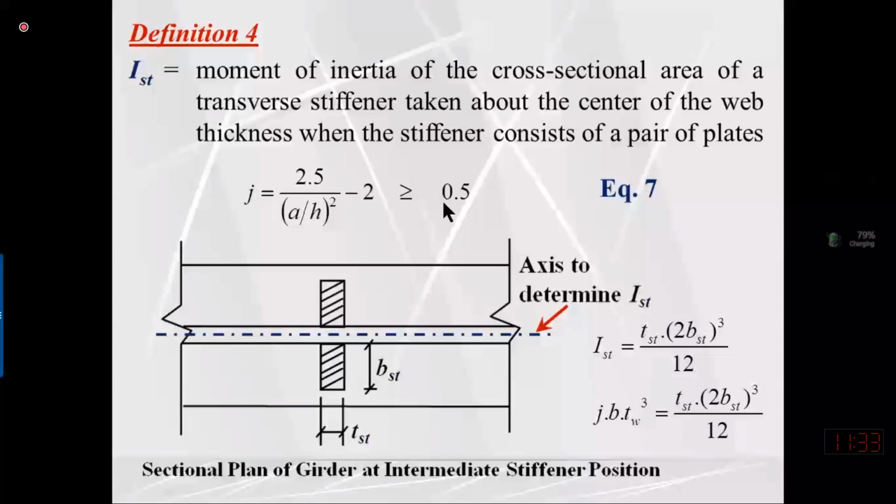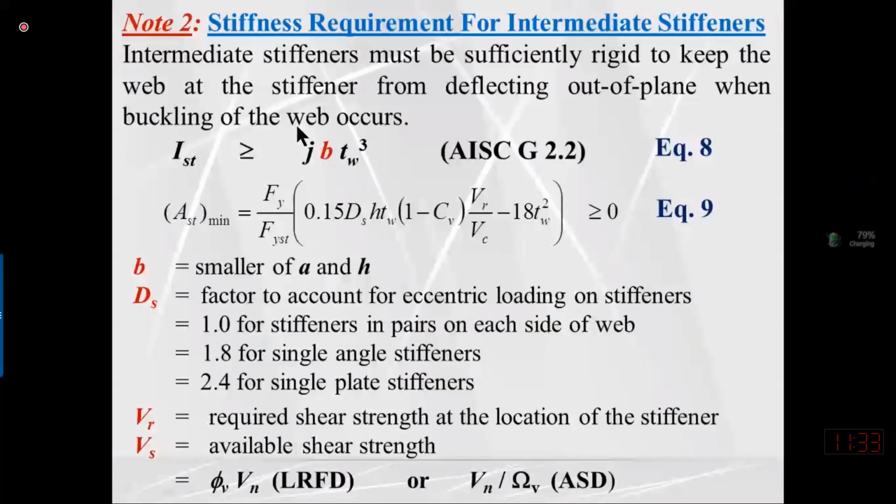Okay, when you compute the J value from here, you will have some numerical value. When you substitute the J value, you will have B and thickness of the web cube. So that is the minimum moment of inertia required for the intermediate stiffener.